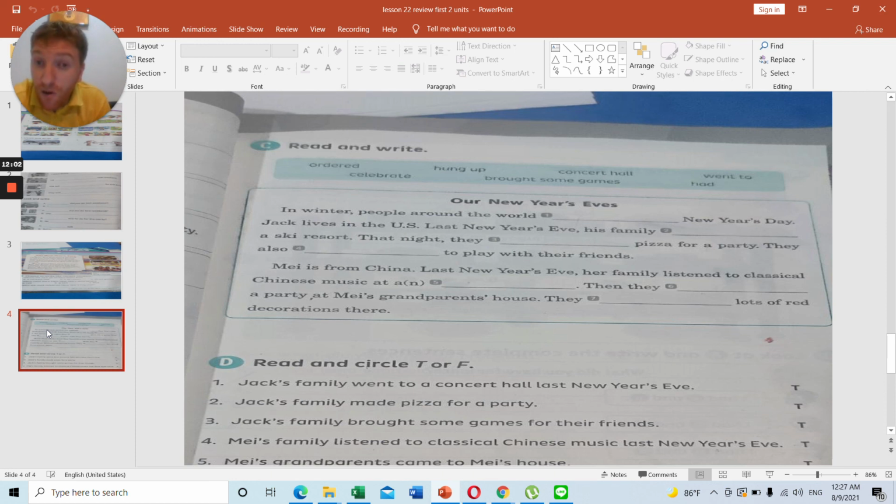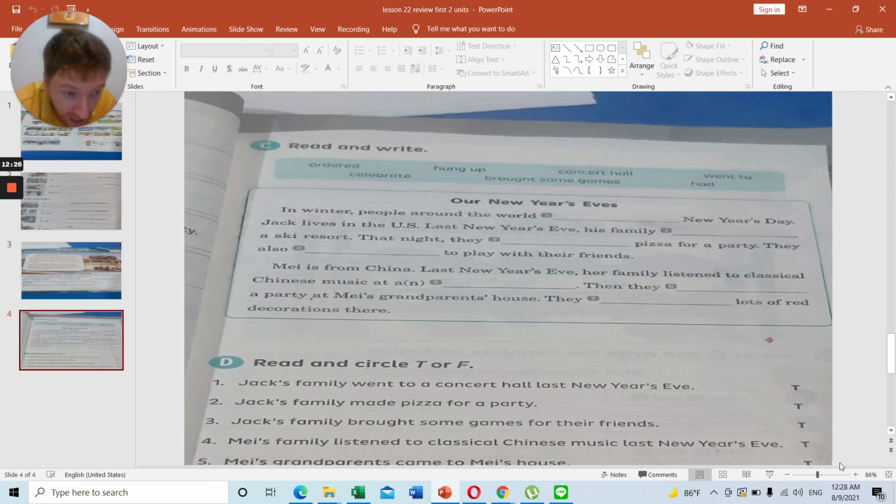You can follow the book to get the answer. So number 1, A1, we celebrate. Last New Year's Eve, his family went to a ski resort that night. They ordered pizza. They also, number 4, so fill in the words are at the top. You can see the words here. Fill in 1, 2, 3, 4, 5, 6 and 7.